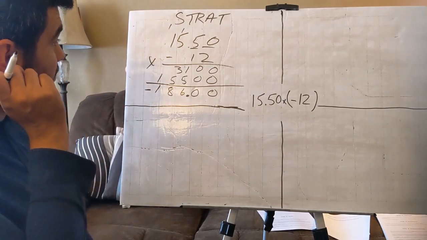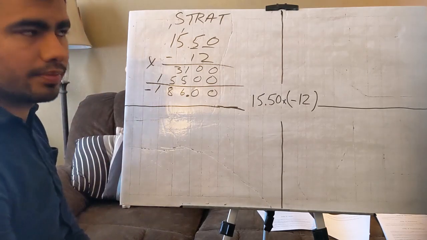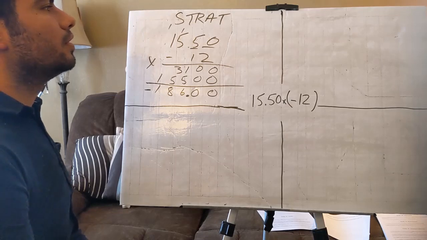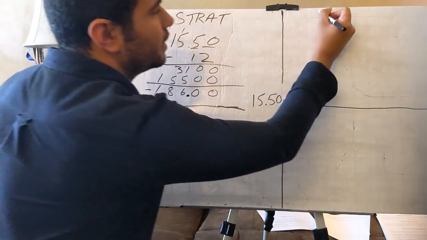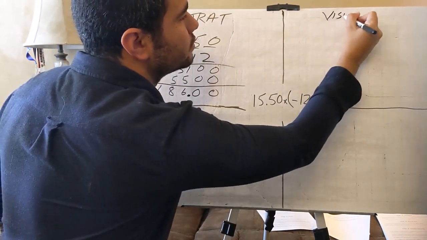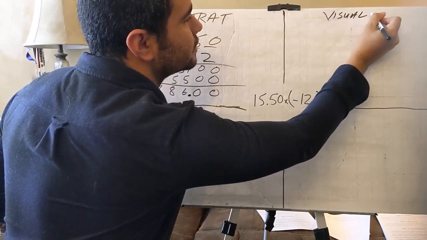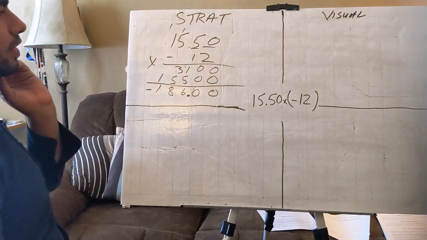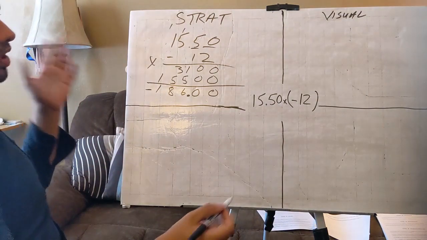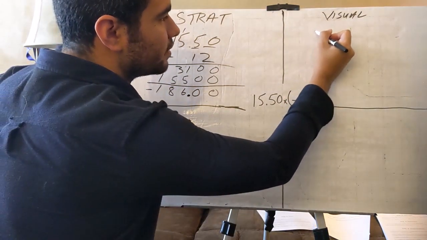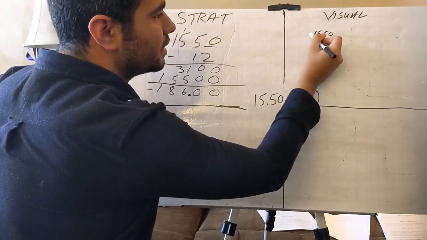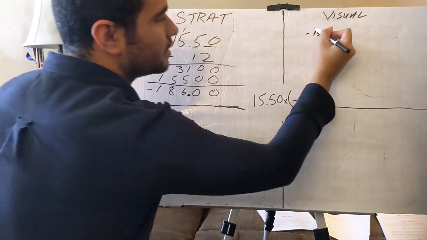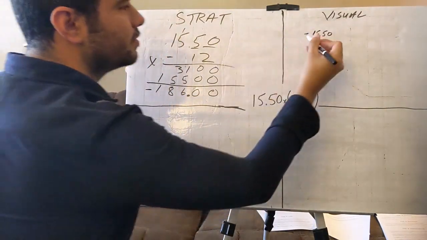Now we're going to do this visually. If I am going to show this visually, one way that I could do it is I can get 12 of these, and they'd all have to be negative. I would have 15.50, and it's negative because all of my groups of these are negative.